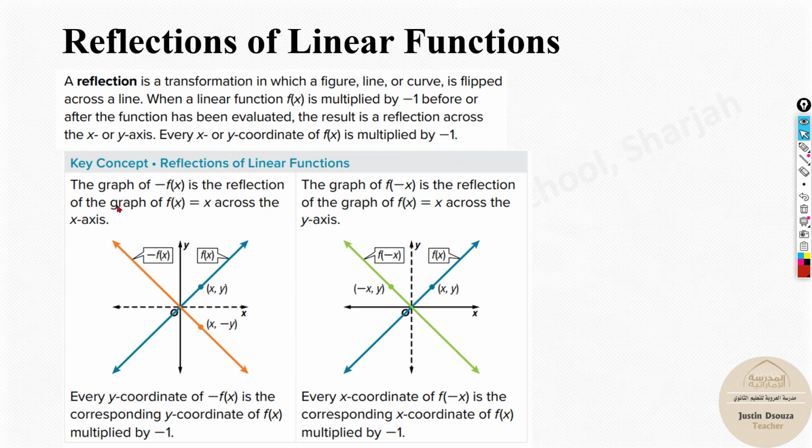This is important, these sentences. The graph of negative f of x is the reflection of f of x equals x across the x-axis. Now, how to remember this is when you're multiplying the minus and x separately, not inside the bracket.